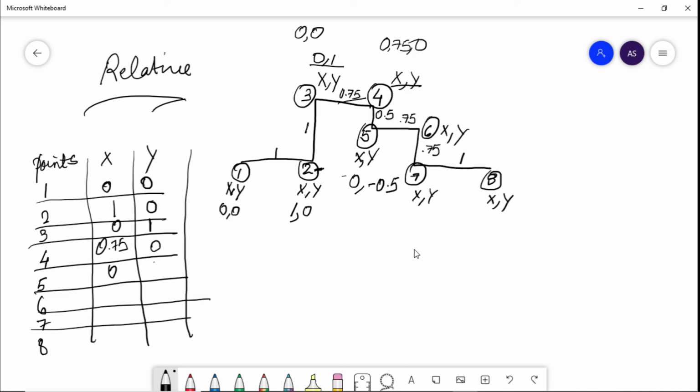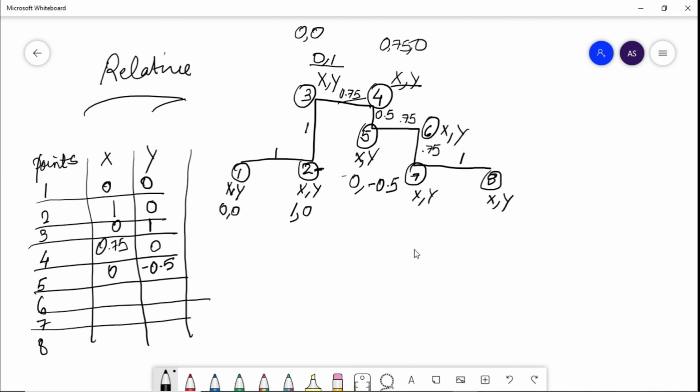So we will have to write minus 0.5. For all the positive direction movements we have not taken any sign, and for all the negative direction movements, either in the negative x direction or in the negative y direction, we'll have to take the negative sign.